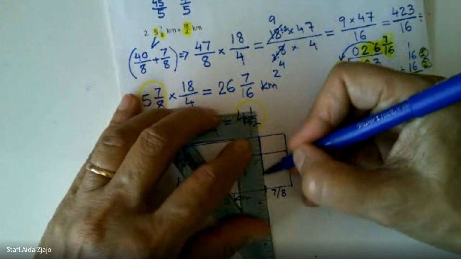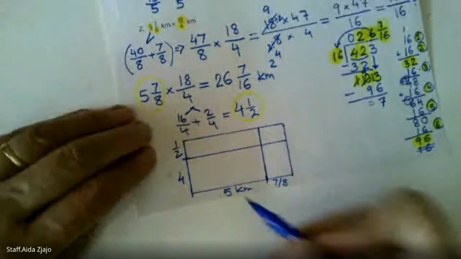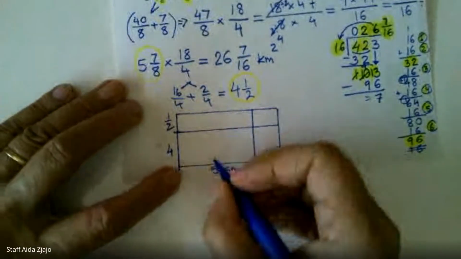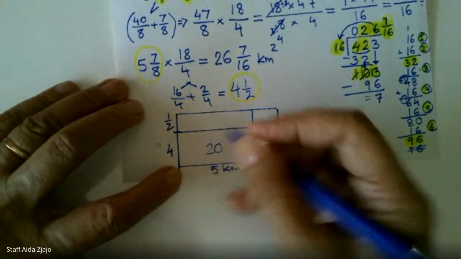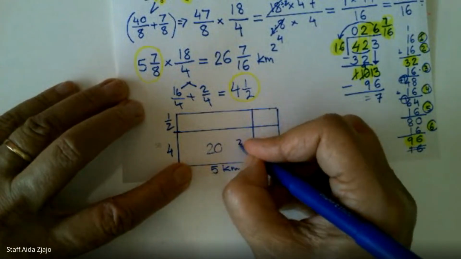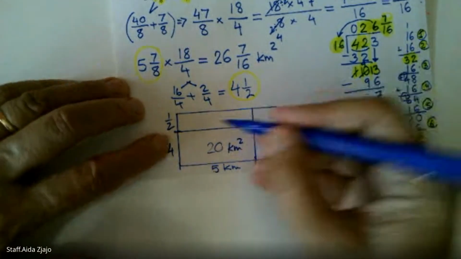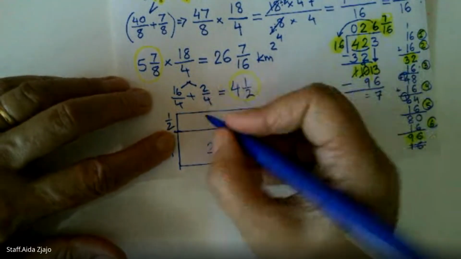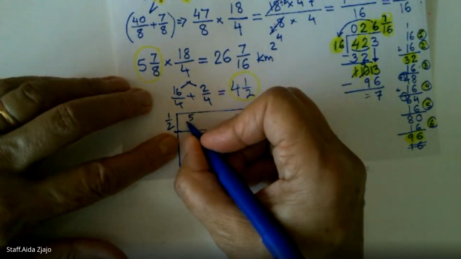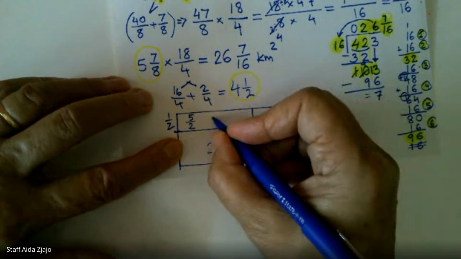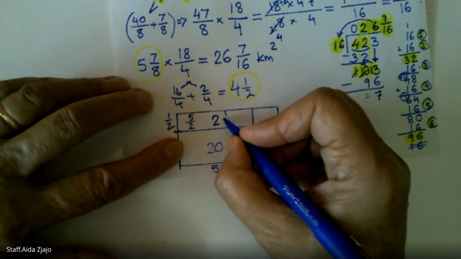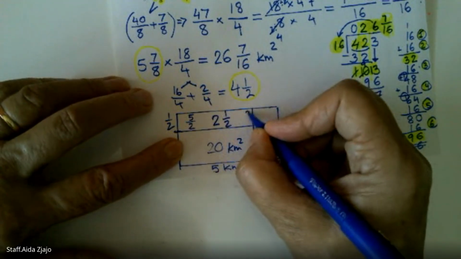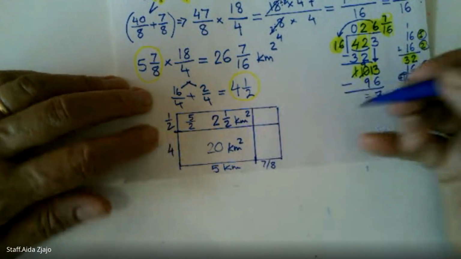And I can say 4 times 5. This would be 4 times 5, 20 square kilometers. This would be 5 times half, 5 halves, or 2 wholes and 1 half square kilometers.